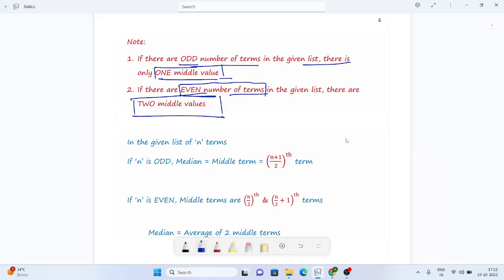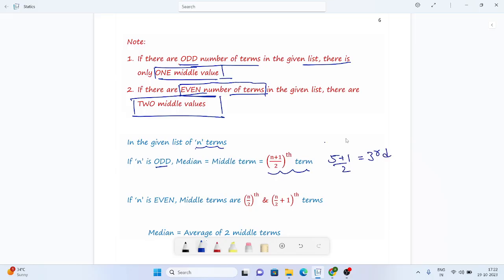Okay. Then if the number is large, means there are 100 terms, 200 terms. So if n is odd, then the median or middle term is the (n plus 1) by 2 th term, right? Let's say for example, if there are 5 terms, then the middle term is the (5 plus 1) by 2, third term.